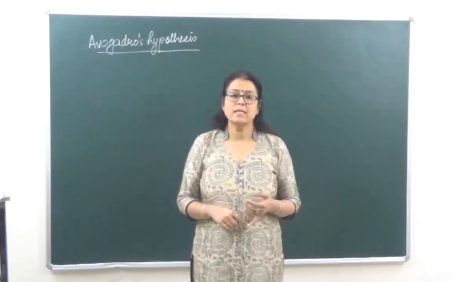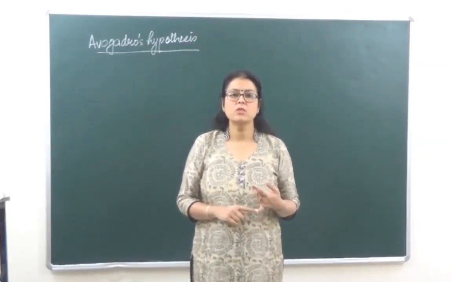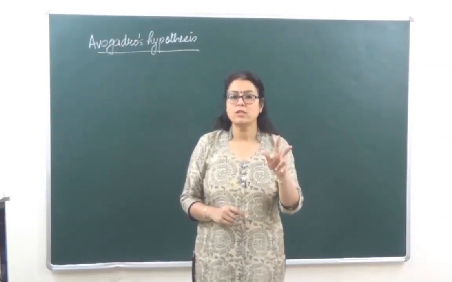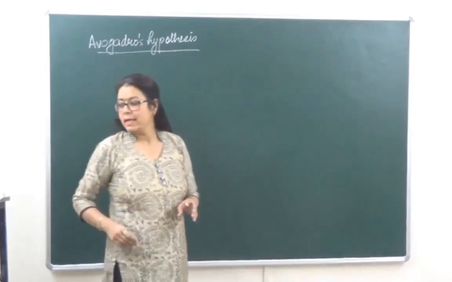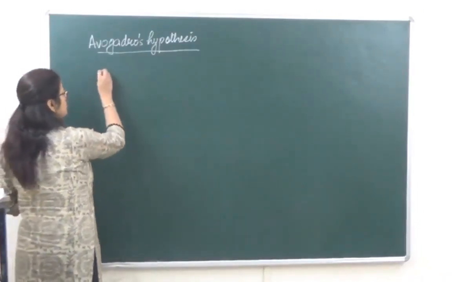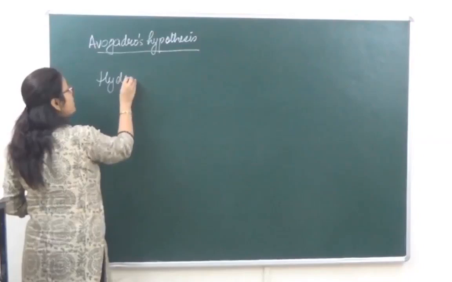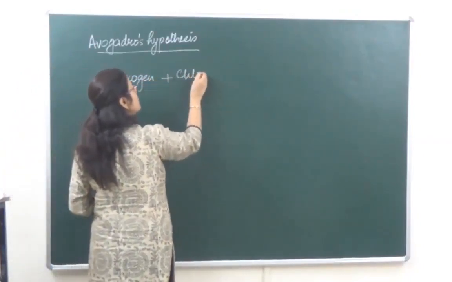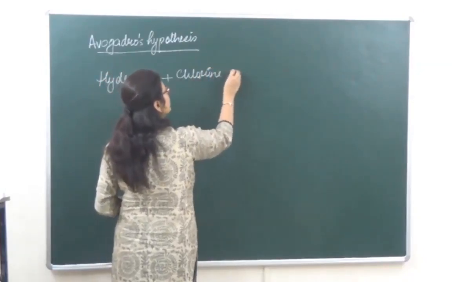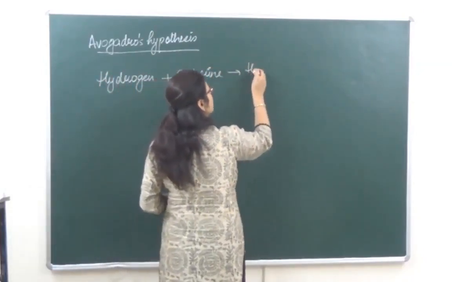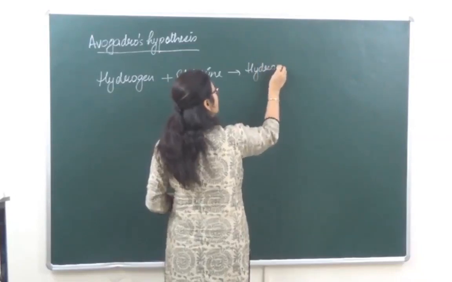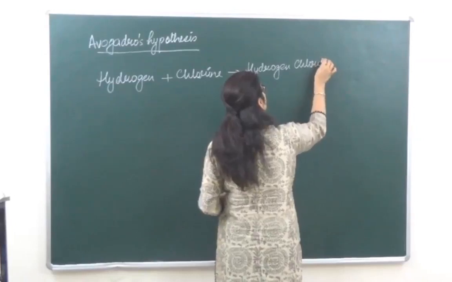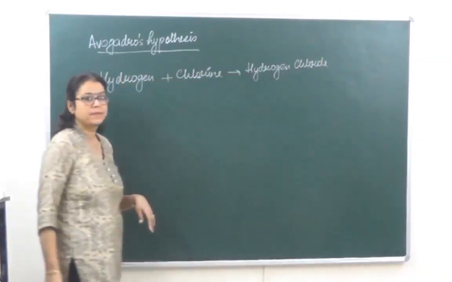There was another scientist, Berzelius. What did Berzelius do? He combined both Dalton's and Gay-Lussac's theory, taking the example of hydrogen plus chlorine to give hydrogen chloride, right?